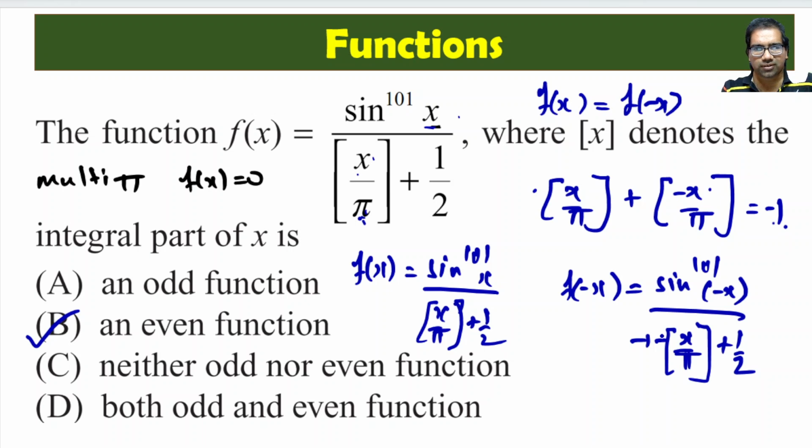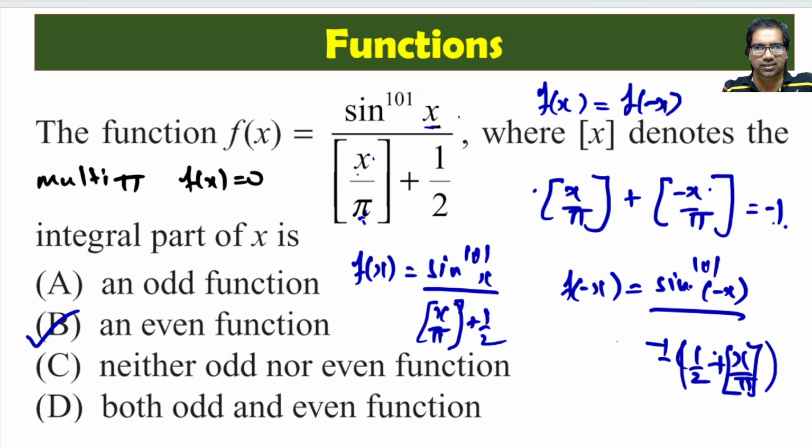So now what does that mean? Minus 1 plus half is minus half. Right? Minus 1 plus half is minus half. Basically, we have minus half minus x by pi. What does that mean? Minus 1 into half plus x by pi. It's in the function of x by pi.